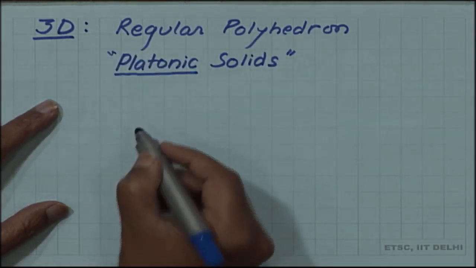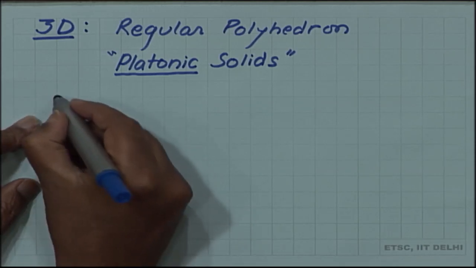What do we mean by a regular polyhedron? How do we define it?